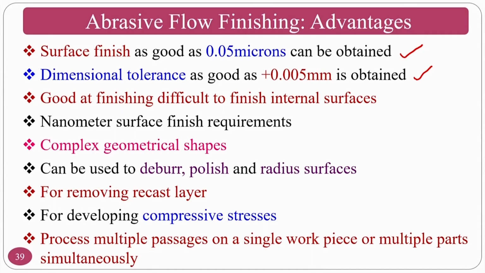Nanometric surface finish can be achieved. Complex geometry shapes can be finished, and it can be used to deburr, polish, and radius, as we have seen in the previous slides. Removing the recast layers formed in laser beam machining, electric discharge machining and other processes can be done using the abrasive flow finishing process.